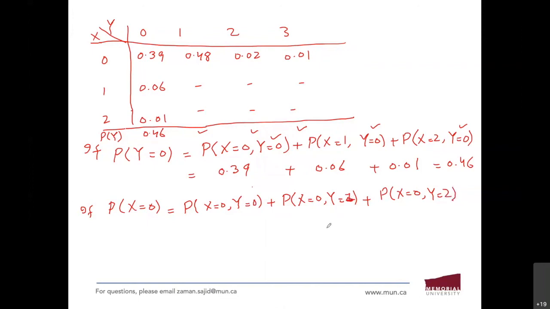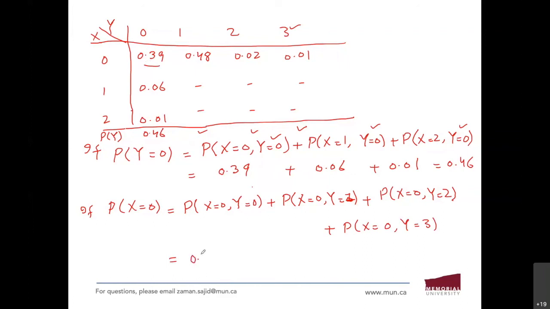And because for y we have up to 3, it is the P of x is equal to 0 and y is equal to 3. Now at x is equal to 0, y is equal to 0, my value is 0.39.